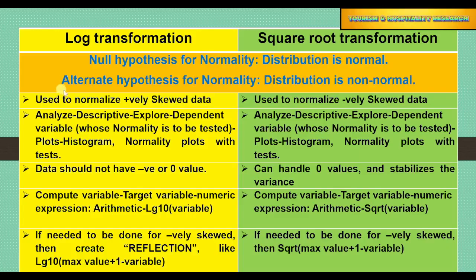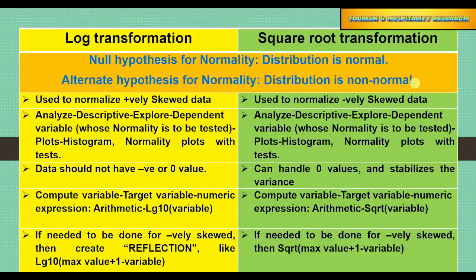In case of testing the normality, the alternate hypothesis is that distribution is non-normal. And the null hypothesis for normality is that distribution is normal. Now, in order to reject the null hypothesis, the p-value has to be significant. That means it has to be less than 0.05.